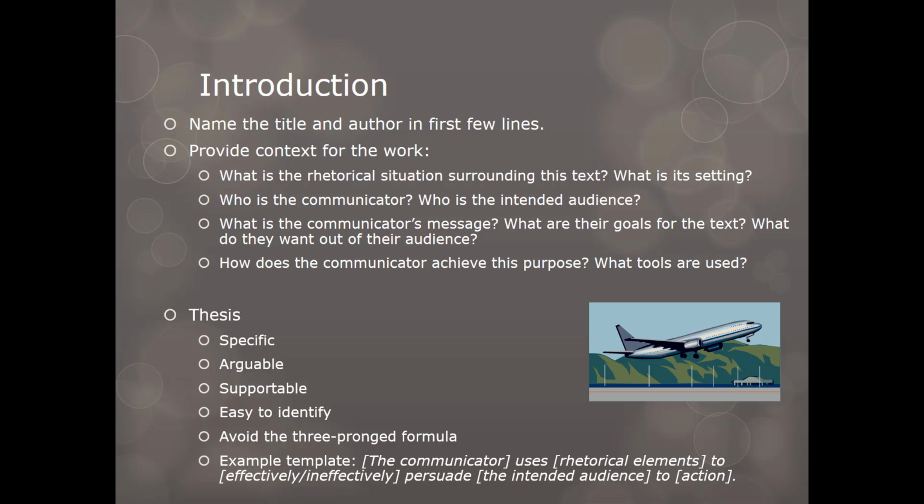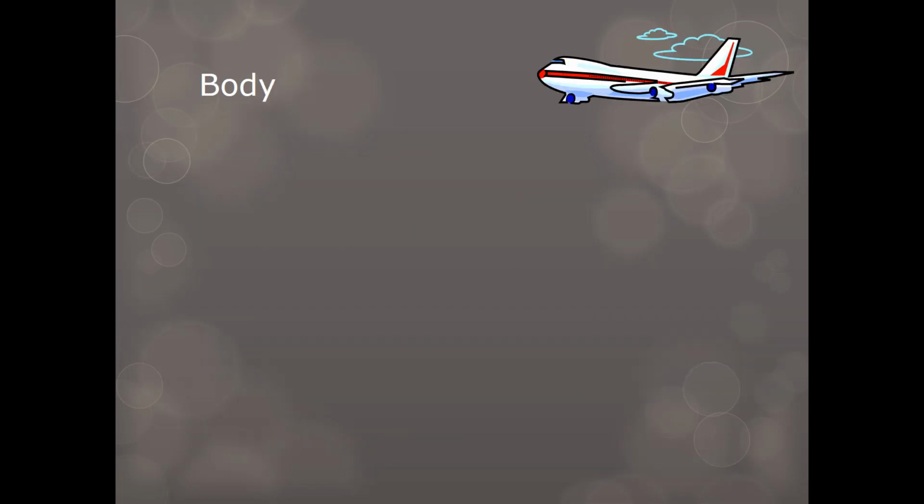Once you've given us that thesis, well, then you can move into the body. This is when the airplane is just in the air flying. Couple things about body paragraphs, and many of these apply to any type of writing, not just rhetorical analysis.